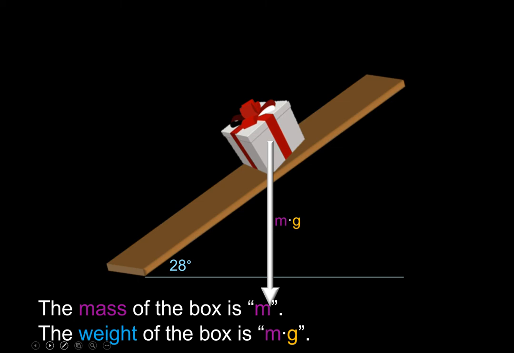So we have mass times gravity, acceleration due to gravity, which is just our force of gravity. We're breaking down the force of gravity into the force of gravity in the x, force of gravity in the y.